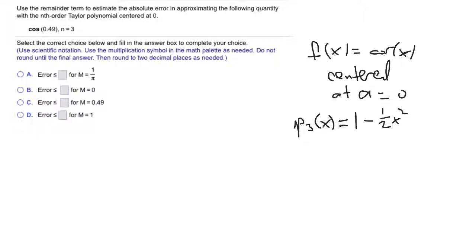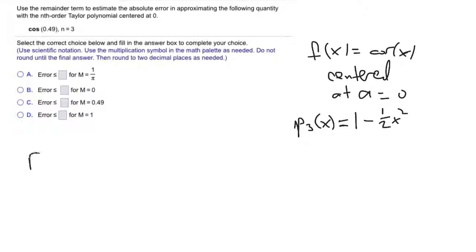Now, we're not actually being asked to do the approximation. If I was asked to approximate cosine of 0.49, I would plug 0.49 into this polynomial. But all they're asking for here is for us to think about what the upper bound of the error is going to be.